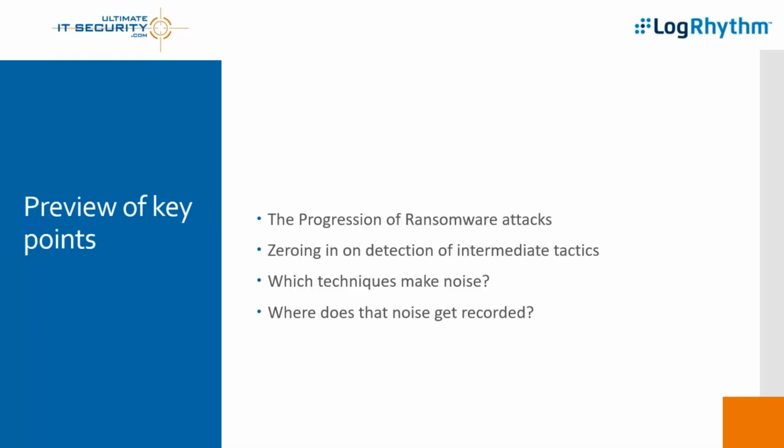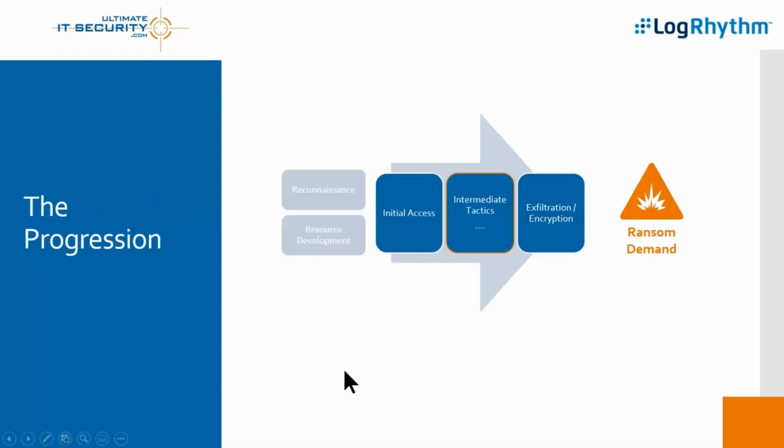And we'll talk about, for each one of these tactics, some of the typical techniques used to accomplish the tactic, and then the type of noise that those techniques make or don't make, and where can we record that noise? Basically, what logs can we use to detect that? So let's go.